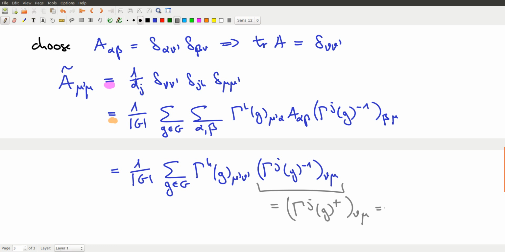And what's that? Hermitian conjugation means we have to complex conjugate, and then the transposition means we just have to flip the indices here. So we have gamma j of G, mu nu complex conjugate, and that's exactly the expression we wanted to have in our theorem.